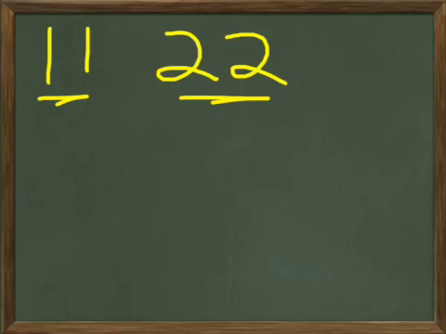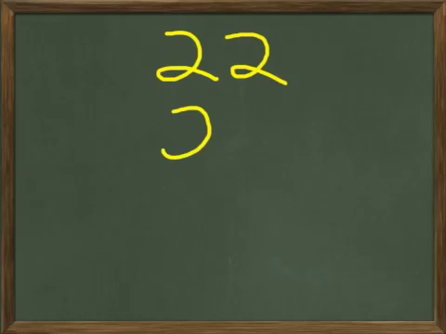Now below your 22, write the number 23. While you're doing that, I'm going to just erase this little stuff. So 22, and then below that you're writing 23, and I'm going to write 23. So here we go, 23. A 2 and a 3. Okay, that's 23.